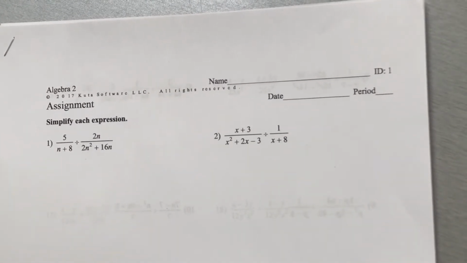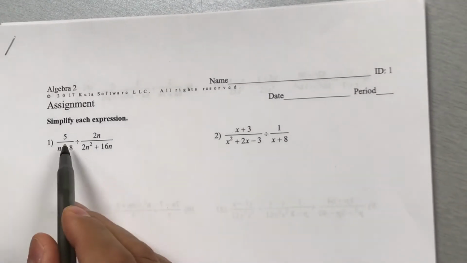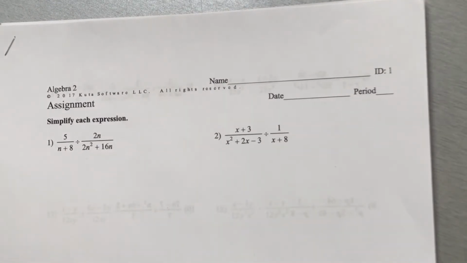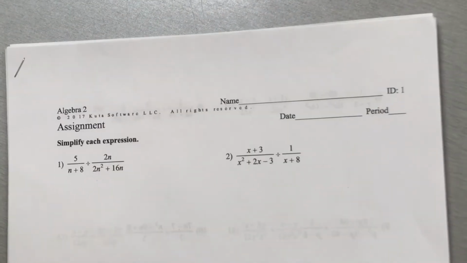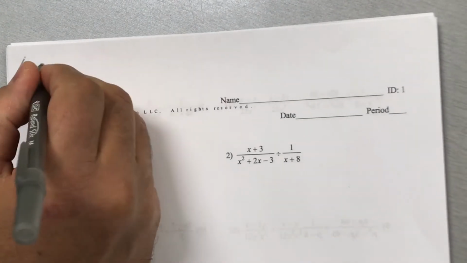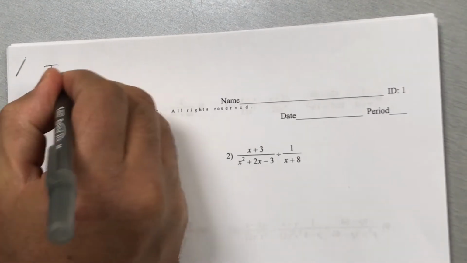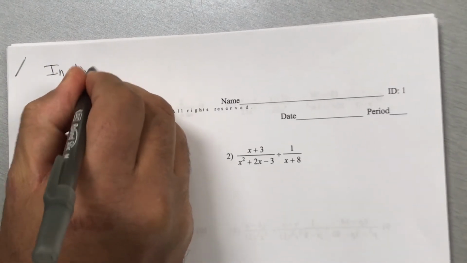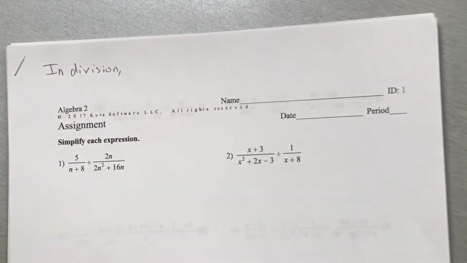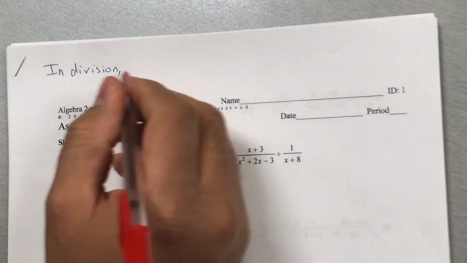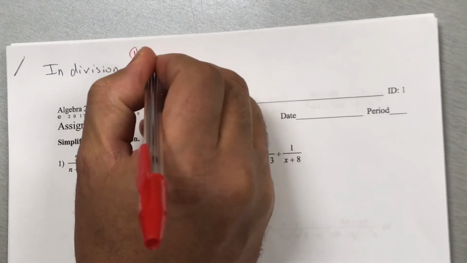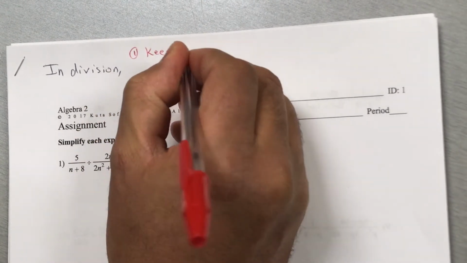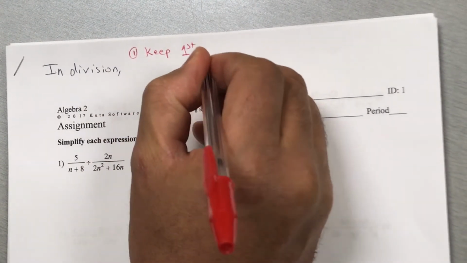So let's get started with question number 1. Division. When you divide rationals, please write this down. In division only, first of all, keep the first rational.